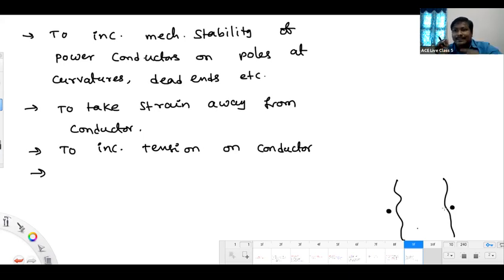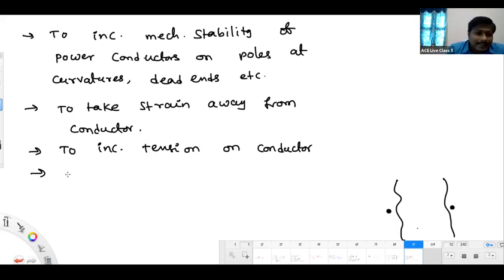So in order to reduce that sag, we are going to keep shackle type insulators on both sides, and we will stretch that conductor as much as possible between the shackle type insulators. By that way, we can say definitely sag is going to be minimized.